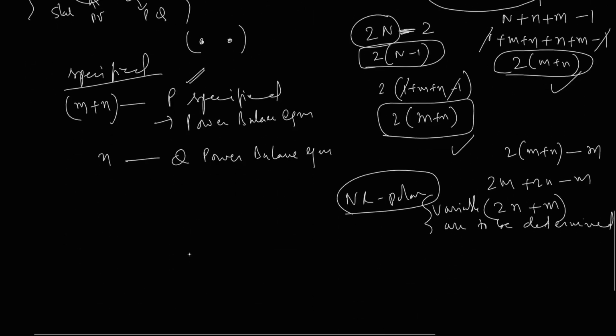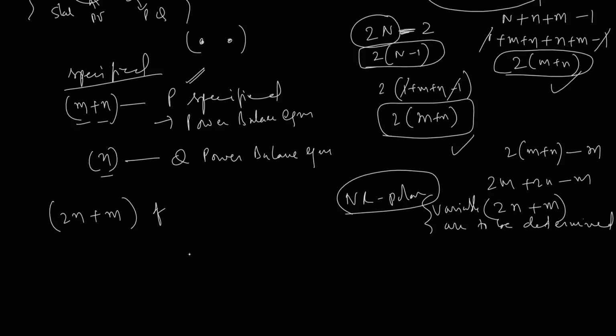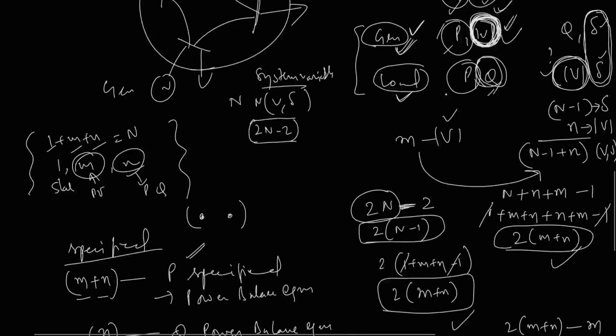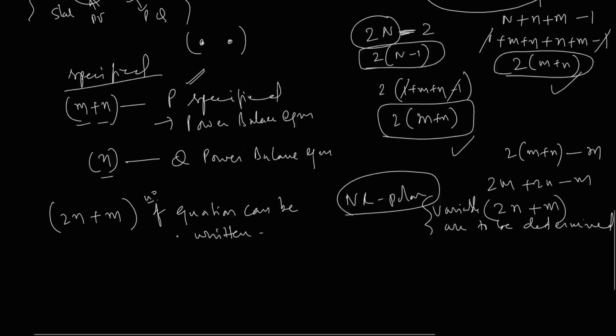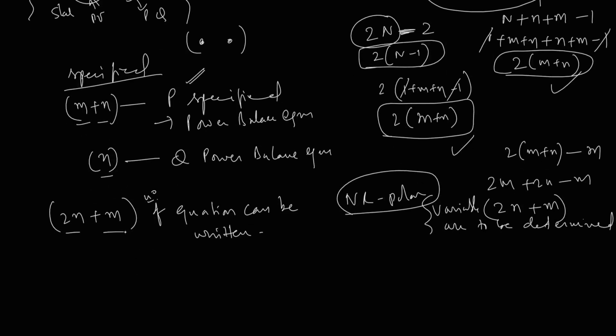So altogether I can write m plus n plus n, that is 2n plus m equations, right, from the specified quantities P and Q. From the specified quantities P and Q, I can write down 2n plus m equations.